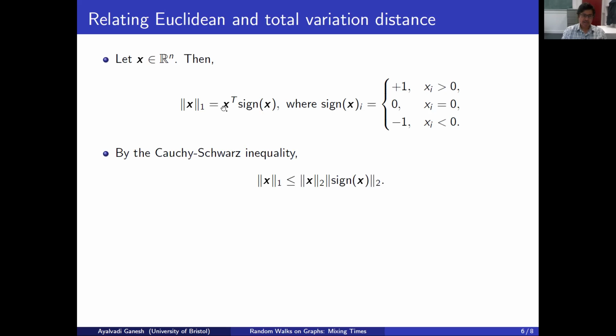We've expressed it as an inner product between 2 vectors, but then we can bound the inner product using a well-known inequality from first-year linear algebra, the Cauchy-Schwarz inequality. That says that the inner product of any 2 vectors is bounded in absolute value by the product of their norms. So the L1 norm of x, which is this inner product, is bounded by the norms of the 2 vectors whose inner product we are taking.